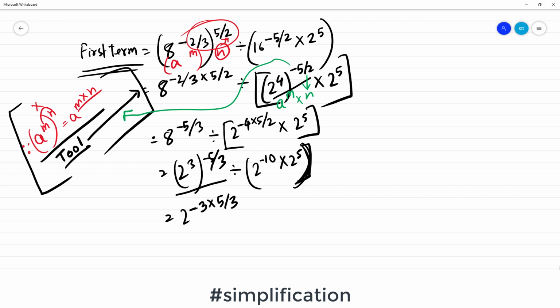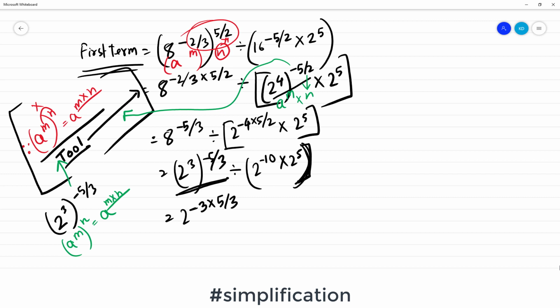See what has happened here. Now simplify this one. Actually, we have taken this from the formula a to the power m within bracket n, so we need a to the power m into n.